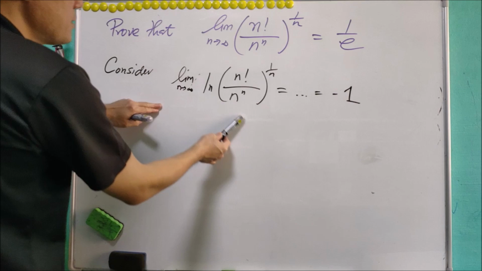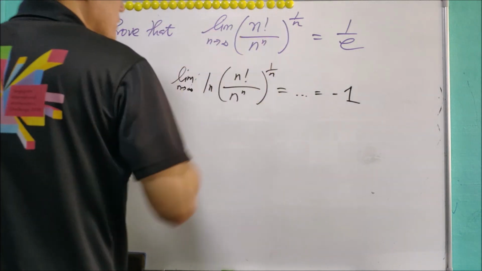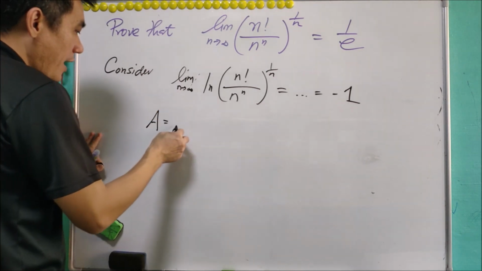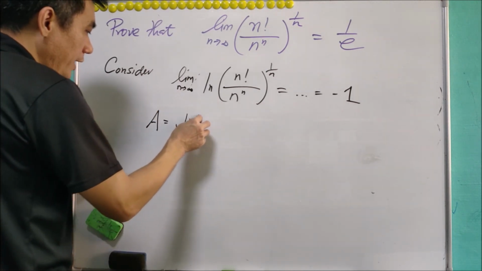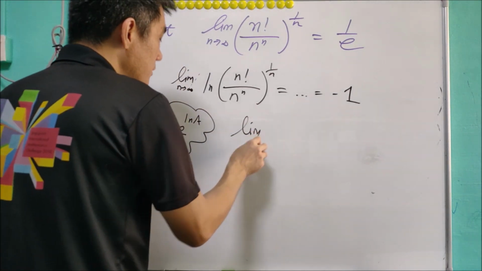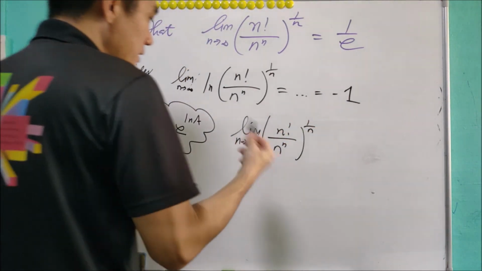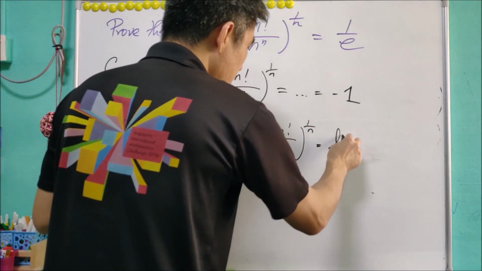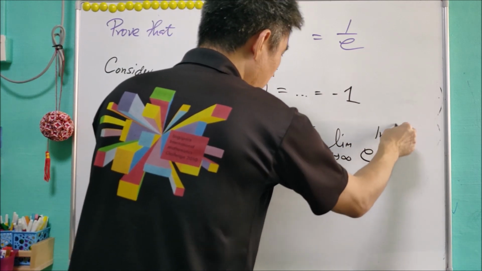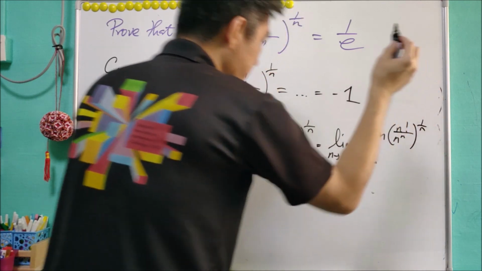How do we relate this back to the original limit? Why is this equal to 1 over e? For any number a, you can write it as e to the power of log a. Because of this, the original limit as n goes to infinity of n factorial over n to the power of 1 over n can be written as the limit of e to the power of log of n factorial over n to the power of 1 over n.